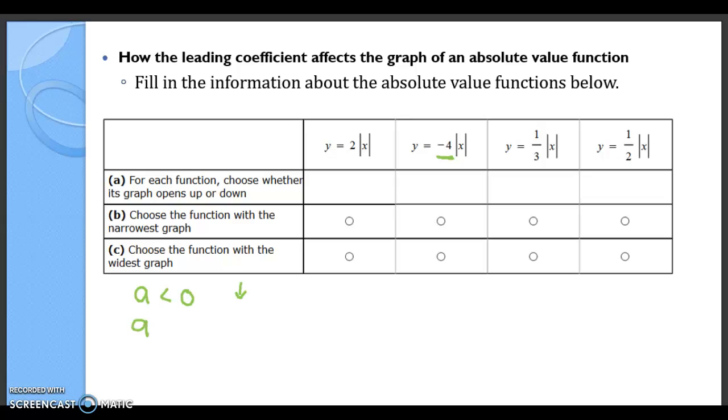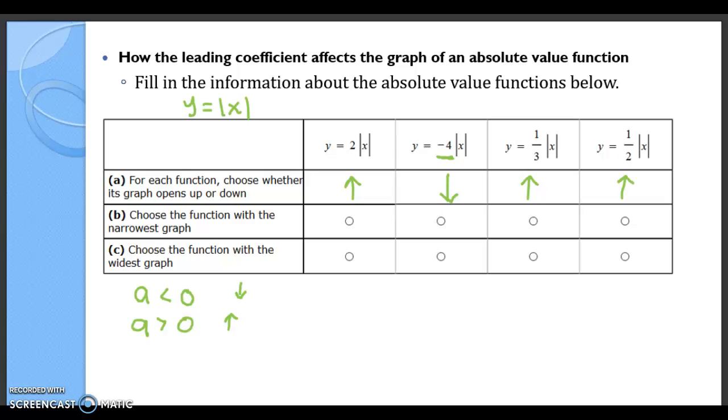If a is greater than 0, it just looks kind of normal, like y equals absolute value of x, and it's going to open up. So this one opens up, this one opens down, 1/3, that's going to open up, 1/2, that's going to open up.